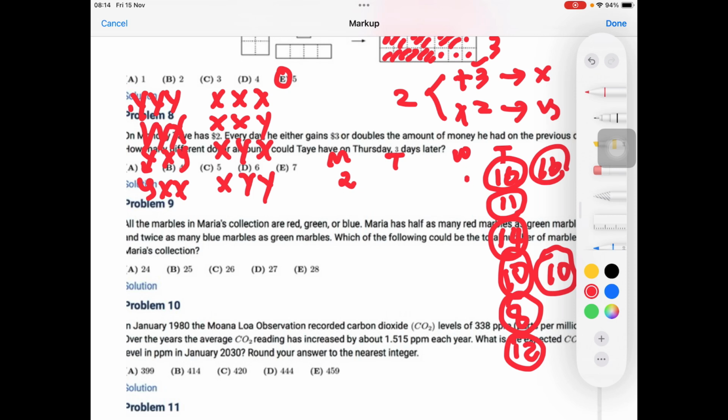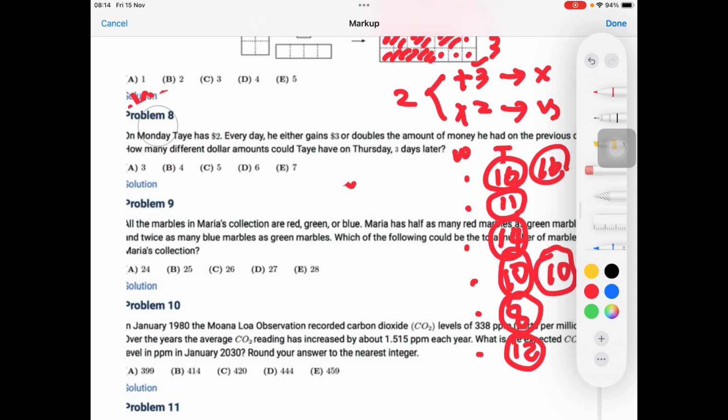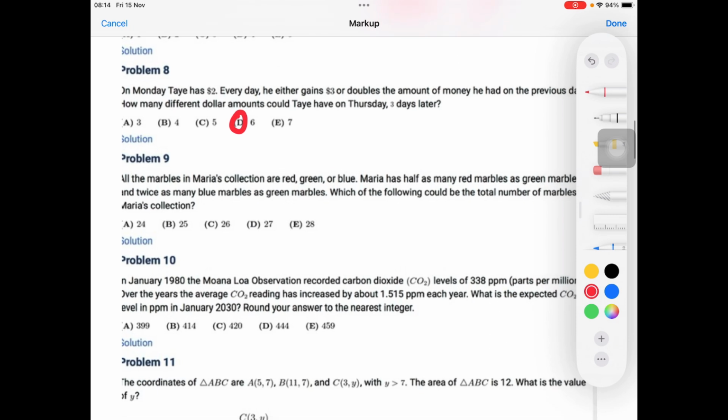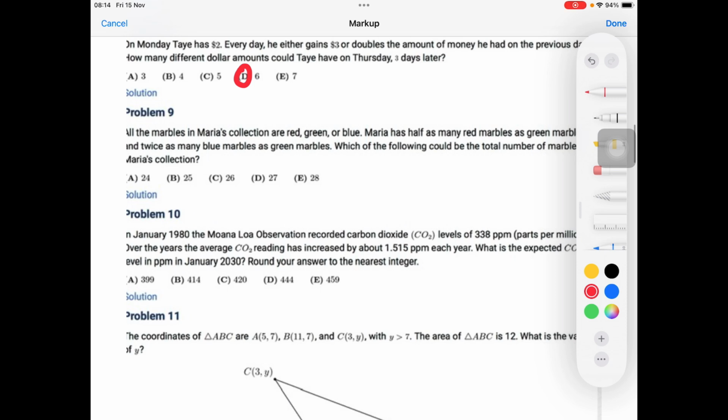So how many? 1, 2, 3, 4, 5, 6 different dollars we can have. So this is 6. So this is not just a simple counting. I mean, you need to go through all this. Maybe that's why it gives you only 3 days.